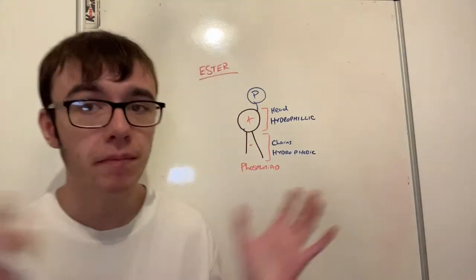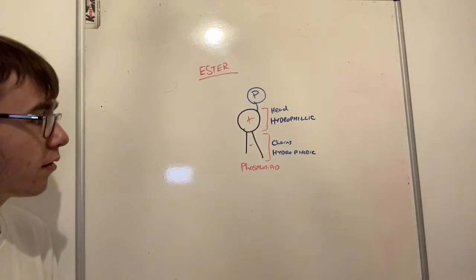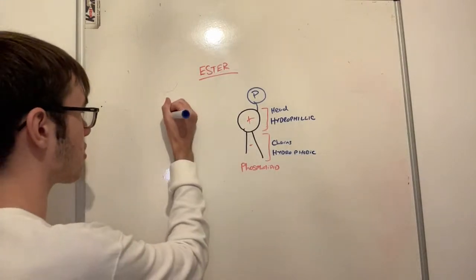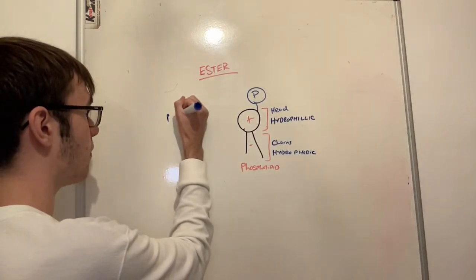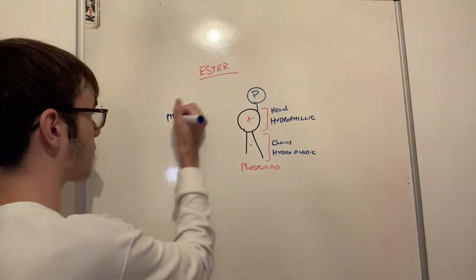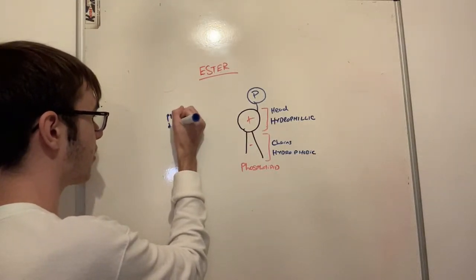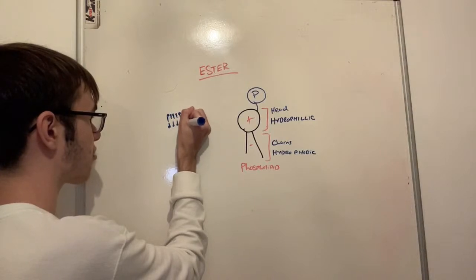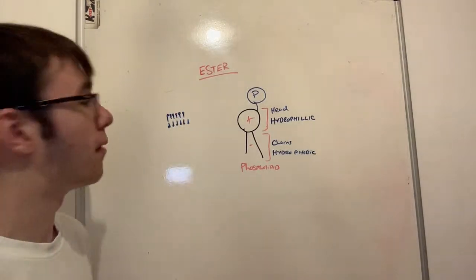So, phospholipids form a phospholipid bilayer, obviously, in the cell surface membrane. And it's actually quite a prominent exam question that you could get asked, where they will ask you, why does it form a bilayer?